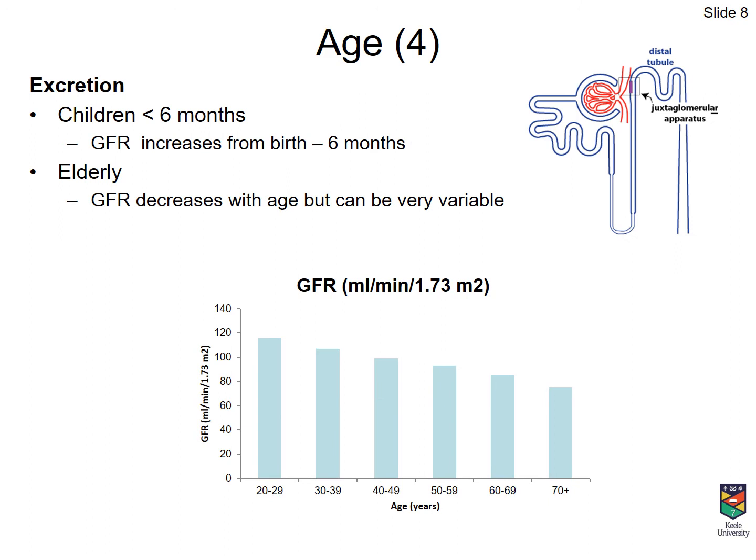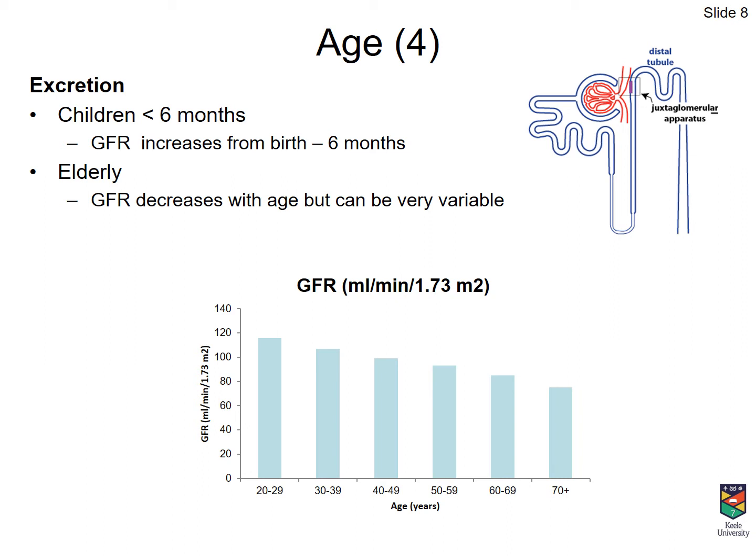So now let's look at the effect of age upon drug excretion. Perhaps the most important route of drug excretion is via urine, so being eliminated via the renal route, and we can assess renal function by thinking about what the glomerular filtration rate is. We see that the glomerular filtration rate increases from birth until about 6 months of age.